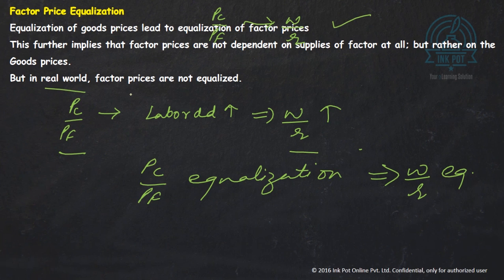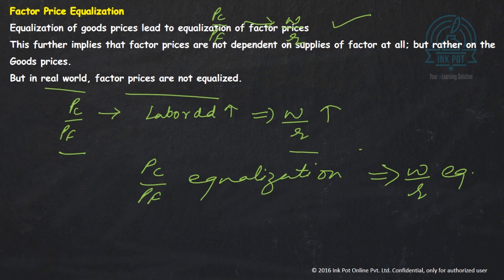Now, why in the real world are they not equalized? Because in the real world अगर फॉरेन कंट्री में W by R ज़्यादा है तब भी migration will not allow me to move there, right? So there's a cost of migration, there's a cost of shifting from one country to another country.